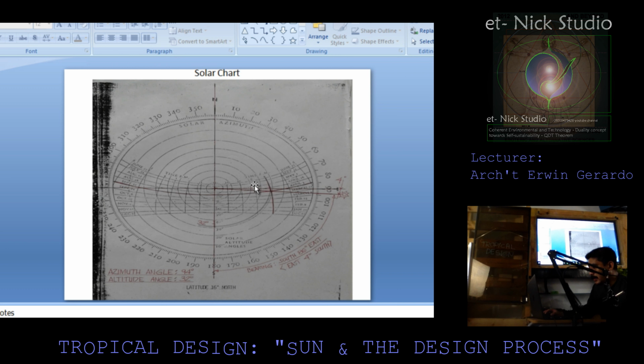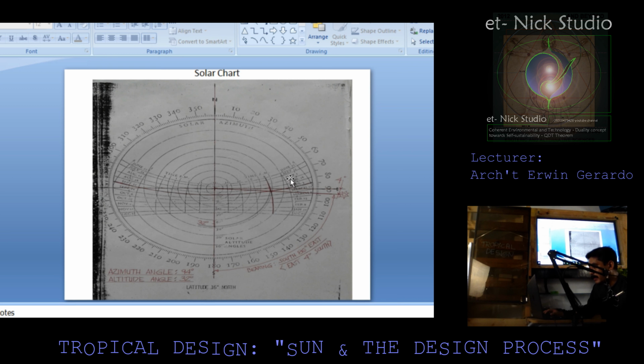So at 9 a.m., this is once again the altitude of the sun at 9 a.m. 10, 11, once it is located at noontime, which is considered to be your 12 o'clock, it is found at the very center of this chart. So this is 1 o'clock, 2 o'clock, 3 o'clock, 4 o'clock, 5 o'clock, and then this is 6 p.m.